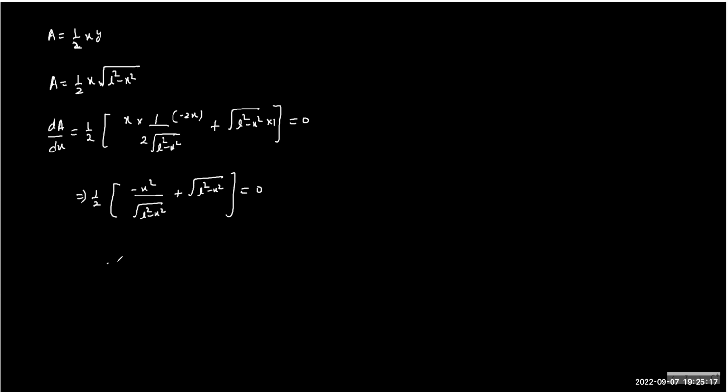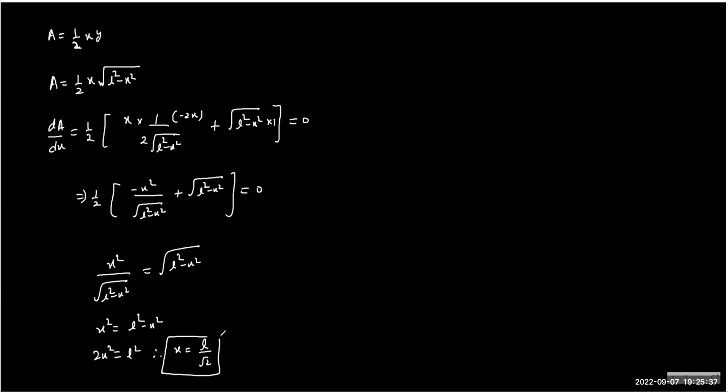So x square by... and if you cross multiply you will get x square equals to L square minus x square. So 2x square is L square, therefore x is how much? L by root 2. And once we have x equals to L by root 2, what is the y value?